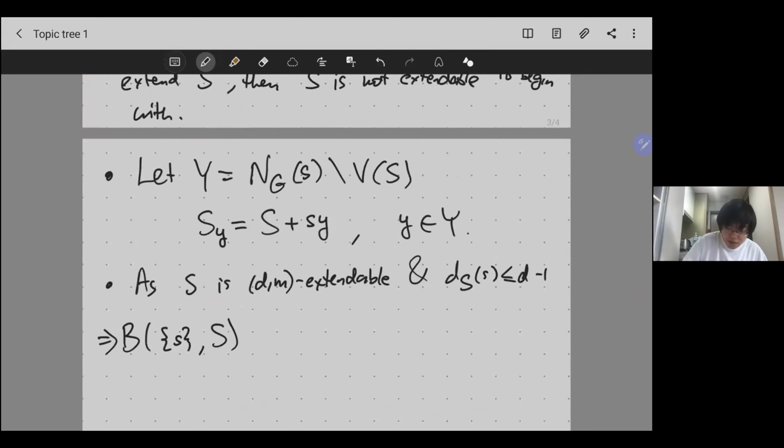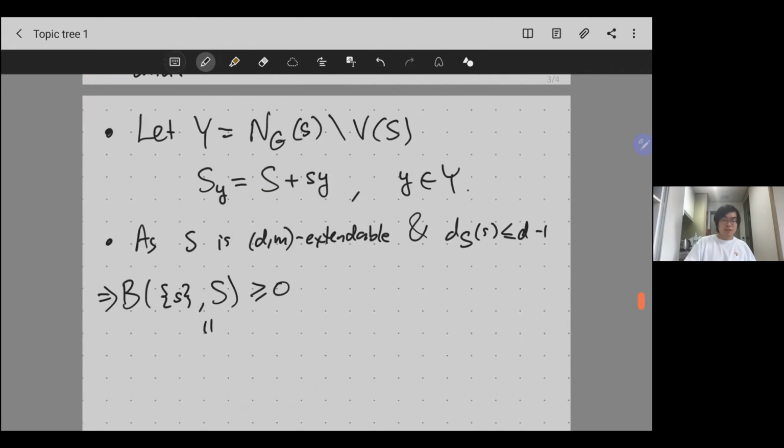So this is at least 0. This is by the d-m extendability of partial embedding S. So let's write this down. By definition of this balance, this basically equals exactly N_G of s minus V of S. Remember, this is the available thing sticking out, which is exactly Y, basically.